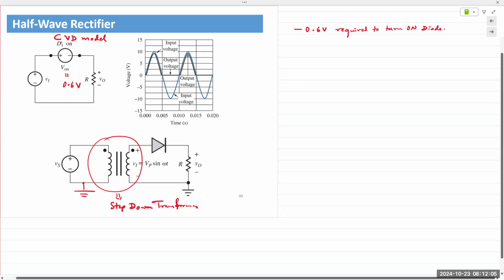And so a little bit of the input is used up to turn it on, as you can see in the illustrated graph.